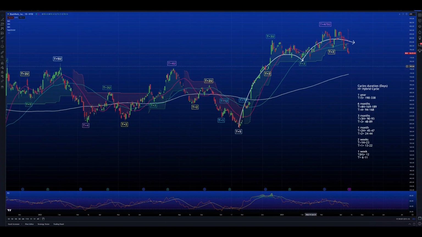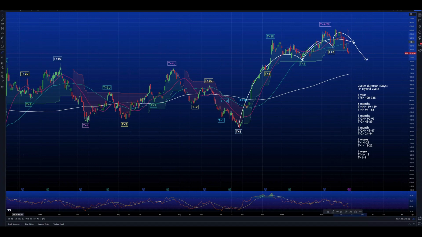But this second T plus 3 is divided in the first monthly downward cycle and this second monthly downward cycle. Now, if you're going to look at the introduction to the T cycle analysis, whenever a cycle is broken to the minimum or to the low from which it started before its minimum duration, and a T plus 2 is between 24 and 44 days, the extension of the cycle can be just, in this case, to the downside.